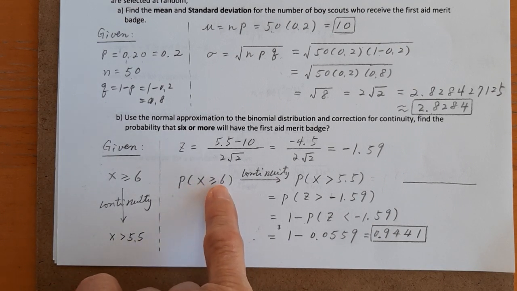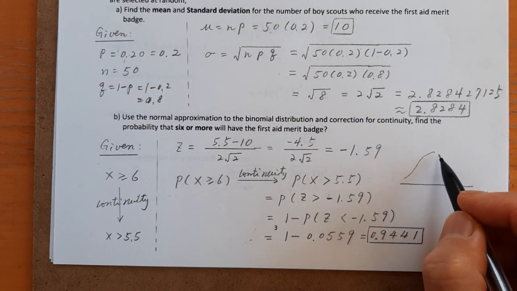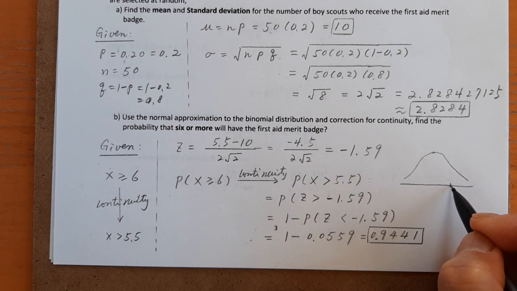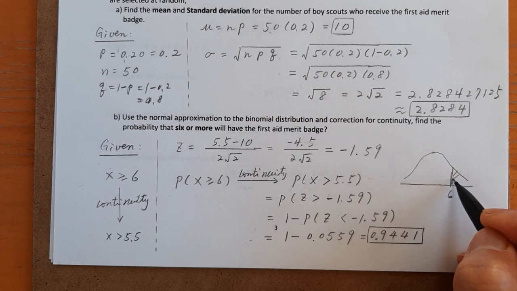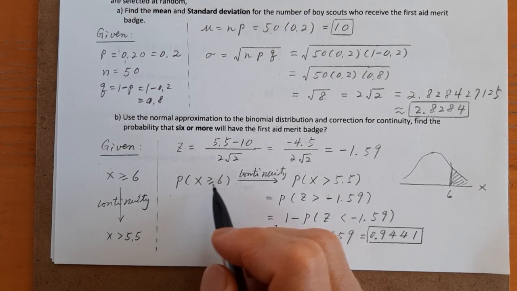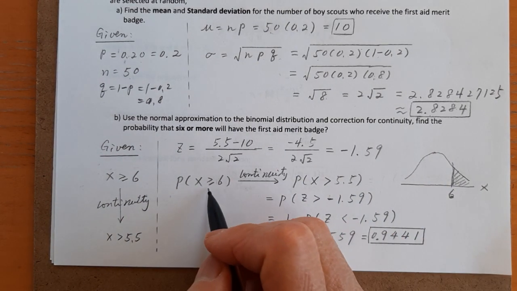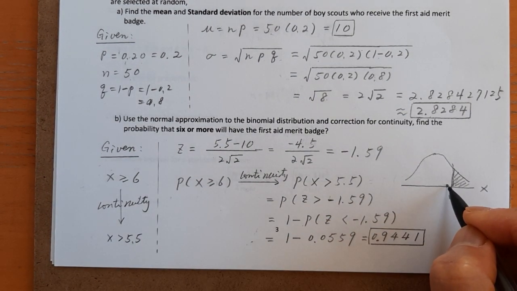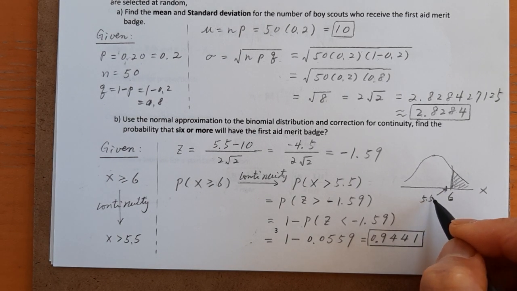So in order to guarantee getting equal to 6, you have to go lower a little bit, to 5.5.